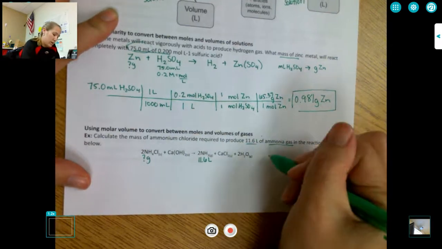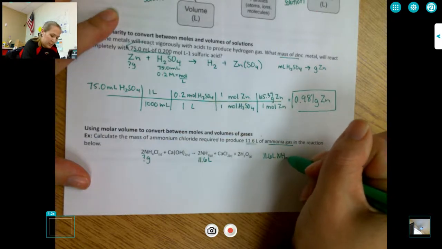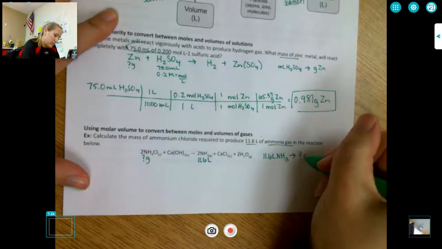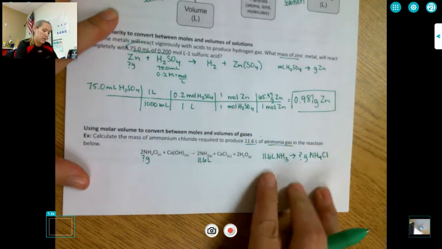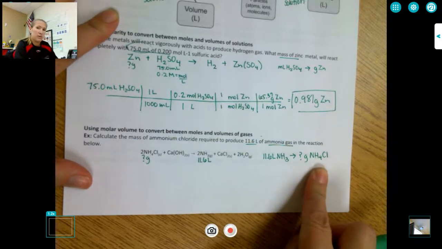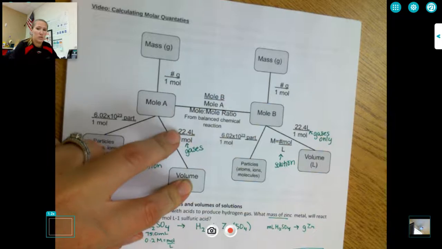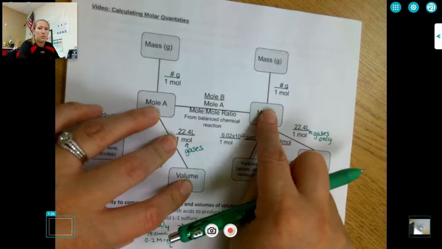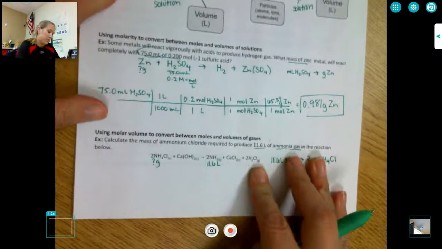So I'm going from 11.6 liters of NH3 and I want to find grams of NH4Cl. So volume of one thing to grams of another. This time my volume is of a gas, so I'm going to use my 22.4 liters per mole to get to moles, moles to moles, and then moles to grams. So another 3-stepper.